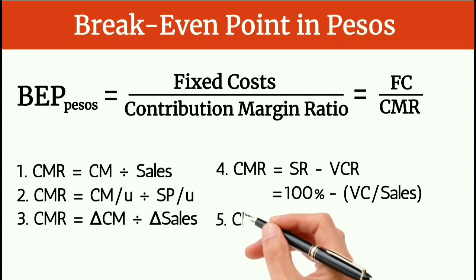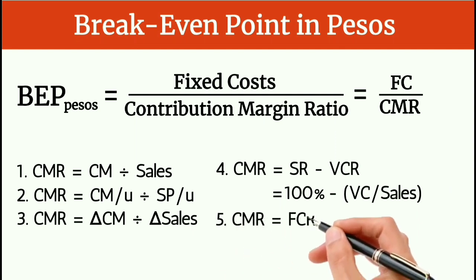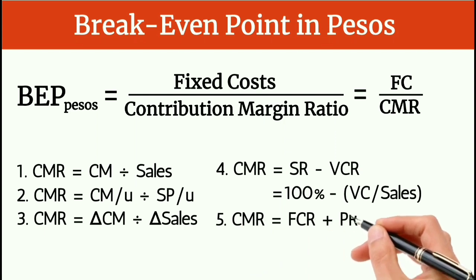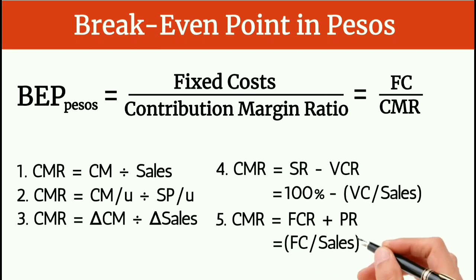And fifth, CMR is equal to FCR plus PR. FCR stands for fixed cost ratio and PR stands for profit ratio. Para makompute yung FCR or fixed cost ratio, that is fixed cost divided by sales.